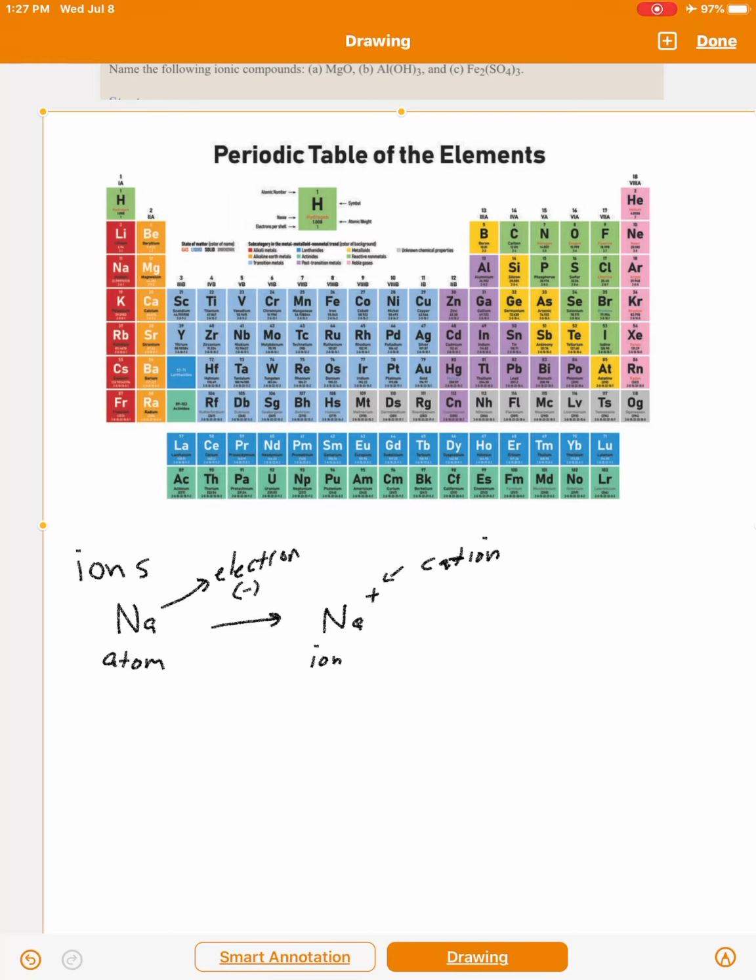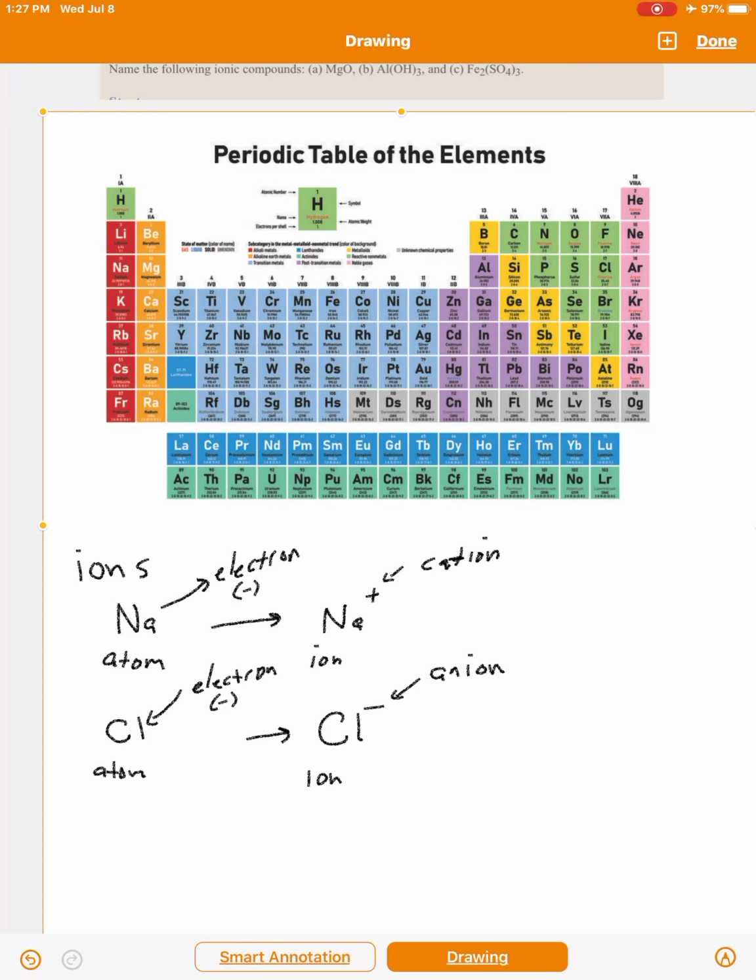Here's another example. If you take a chlorine atom and you add an electron, you give it an extra electron, you get a chloride ion. And this one's negatively charged. This is called an anion.